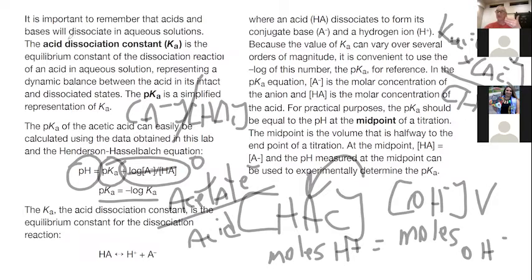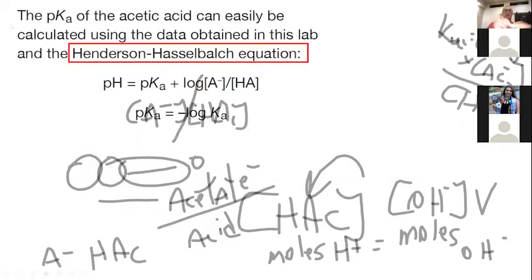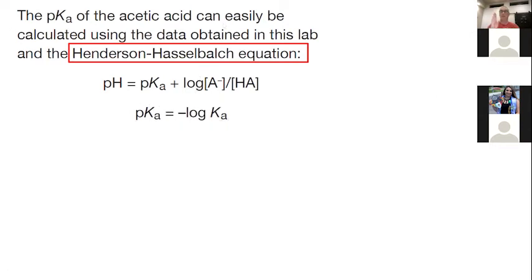And so if we can estimate where the concentration of acetate ion and the concentration of the acid are the same, and we know what the pH is, that tells us what our pKa is. And for all intents and purposes, that takes place midway through the titration. Let me show you.